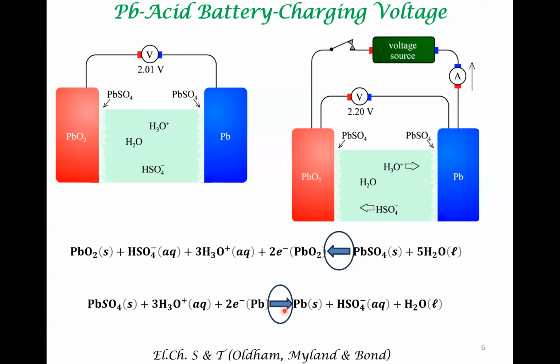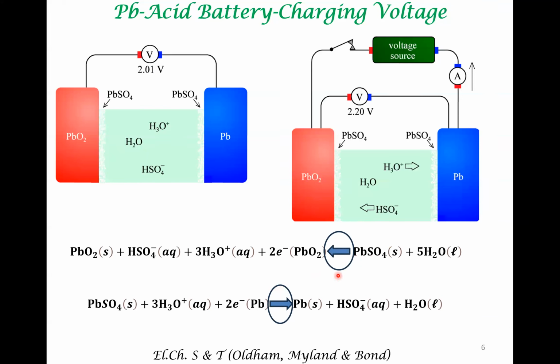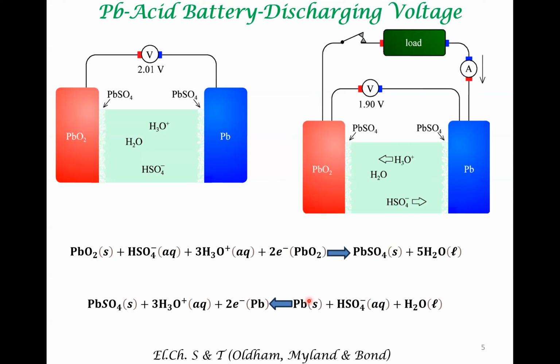You should notice and compare these two with this set of reactions. So lead sulfate gets converted to lead dioxide at one electrode, and lead sulfate gets converted to lead at the other electrode. So what was an anode will become a cathode, and the other way around.